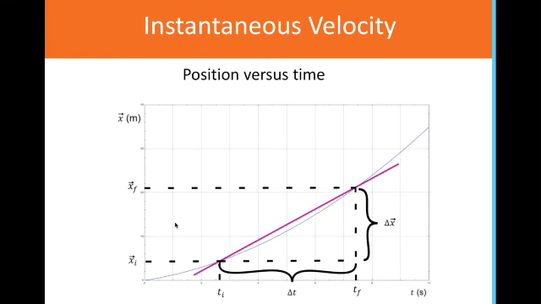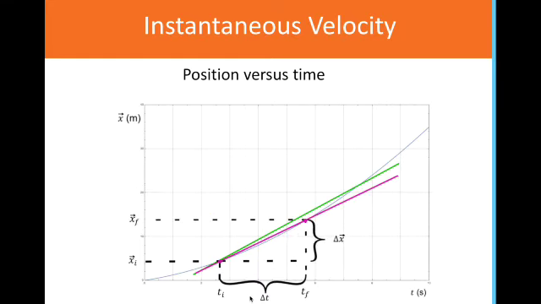Now, if we were to choose another point, let's see what the instantaneous velocity is. We take the limit of delta t, so we make this smaller. We keep the green line there, but we move this point closer on this curve.